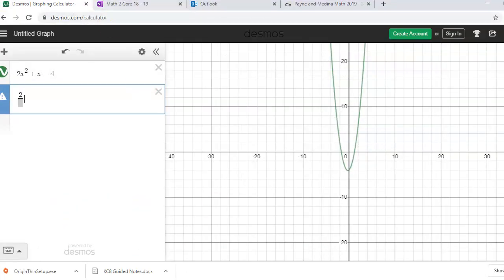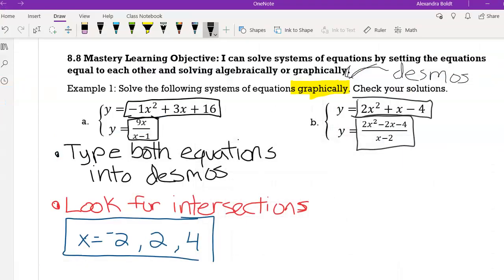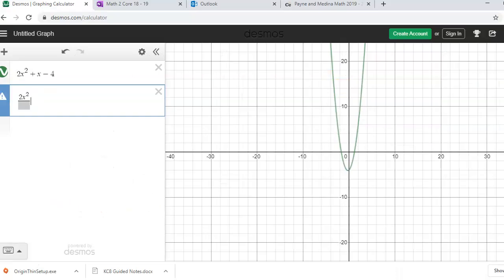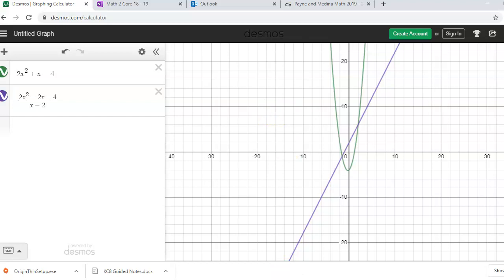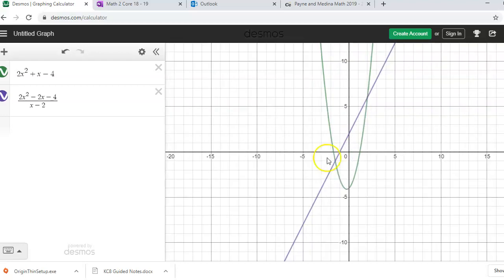So I have 2x squared minus 2x. And now I'll type in my denominator. So you just need to get that division sign in early, and then you can finish filling out what it is. Okay, we can zoom in and out, make sure there are no other hidden points.